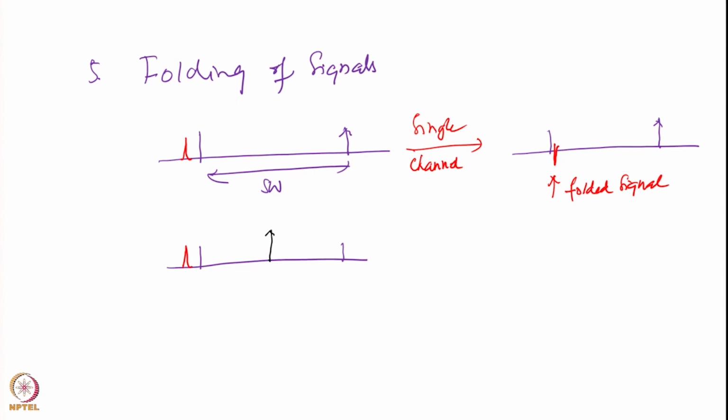This will also fold. This was present at this point, which was outside in this area, and now it will appear on the other side here. So this is the effect of quadrature detection, and this is the folded signal.